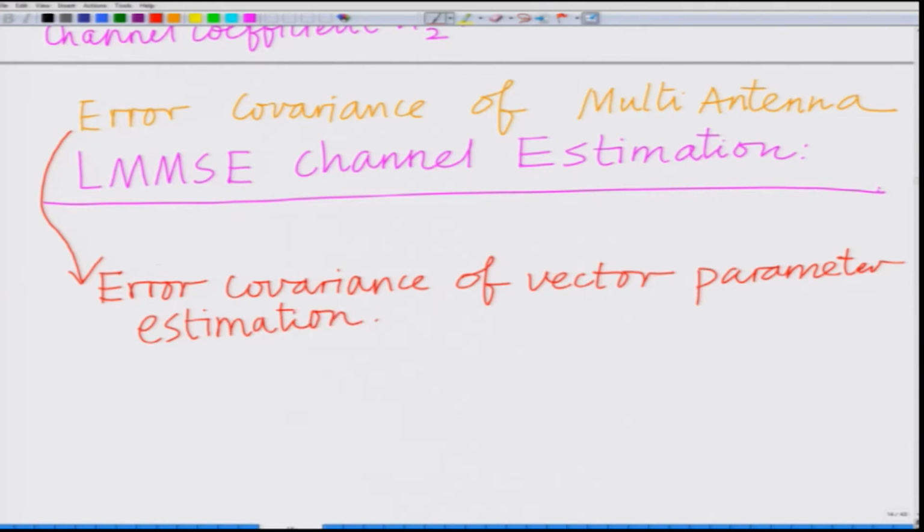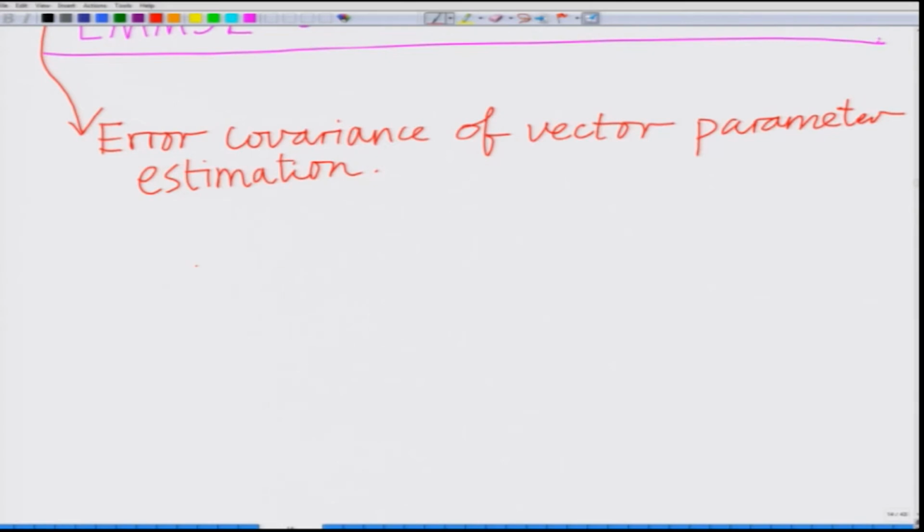We know that the system model for the multi-antenna downlink channel is given as y bar equals X h bar plus v bar.